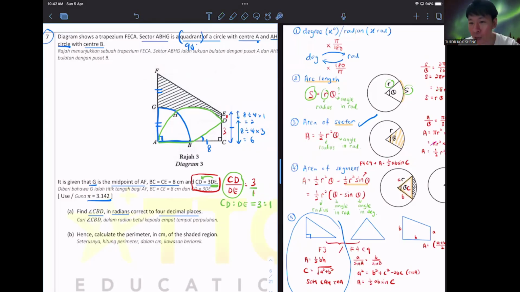Which means, as you can understand from the sentence, CD equals 3DE, so CD is 3 times DE. That's why the length of DE times 3 equals CD.